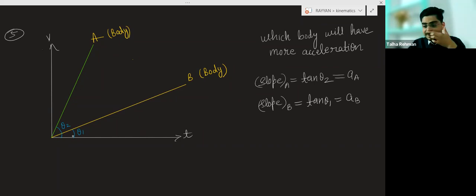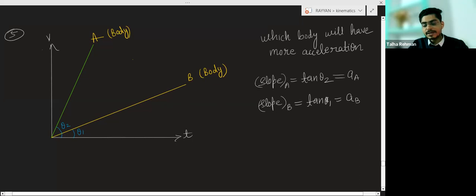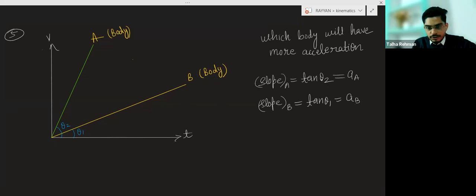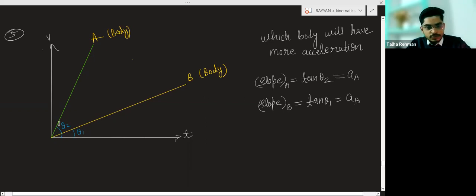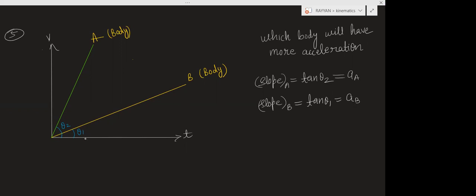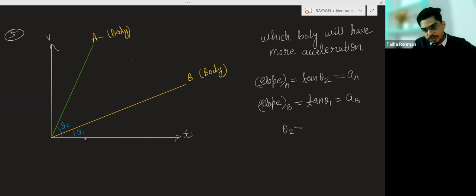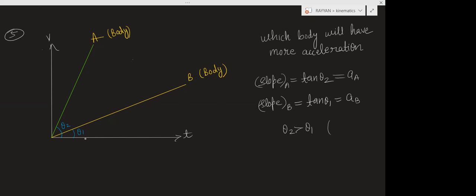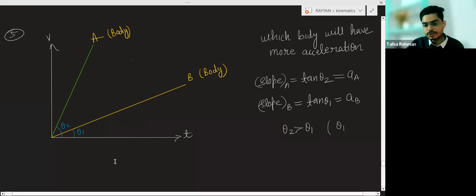Now we have to find whether tan theta 1 is greater or tan theta 2 is greater. We know that theta 2 is greater than theta 1. Both theta 1 and theta 2 are lying between 0 to 90 degree, and the value of tan is positive between 0 to 90 degree.